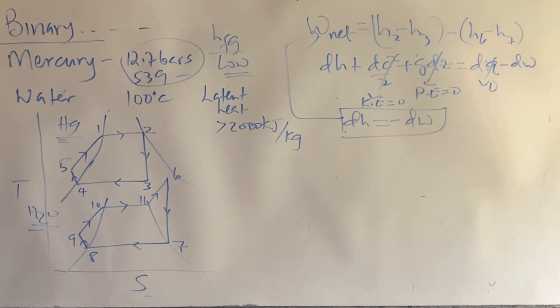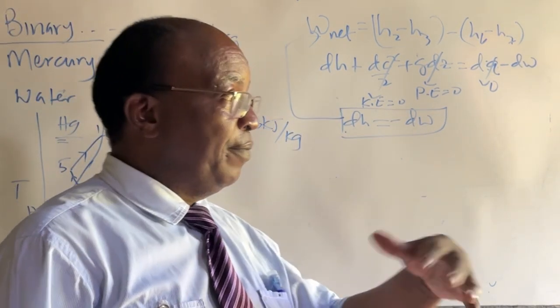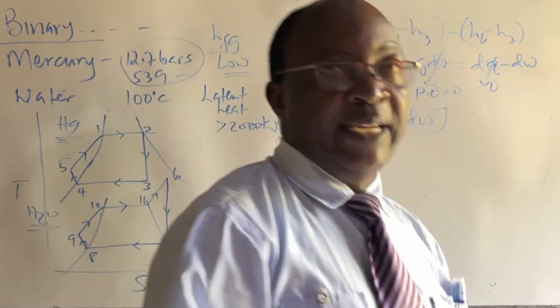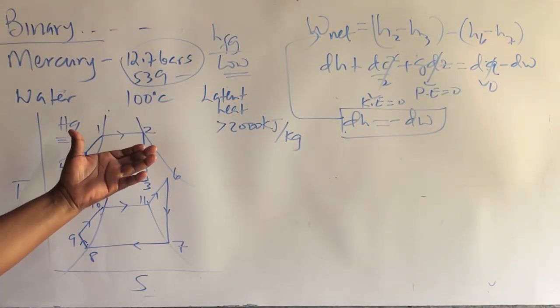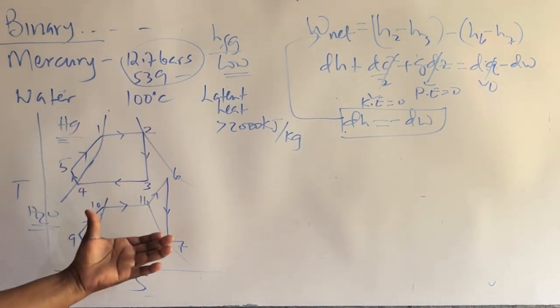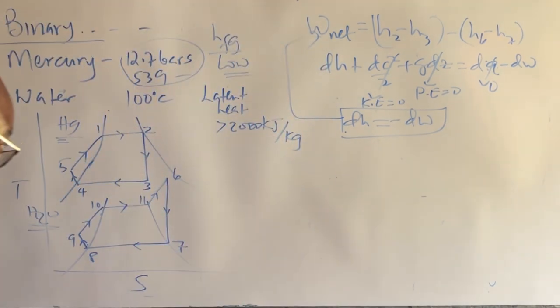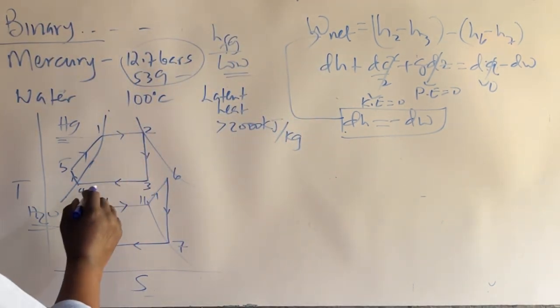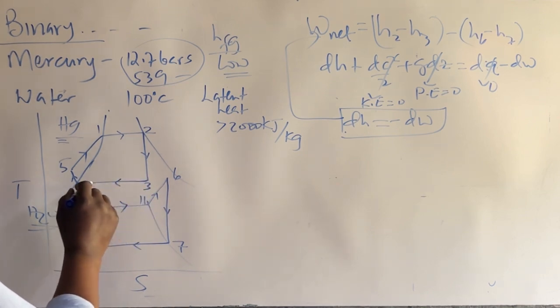Now, when we condense the mercury vapor, heat will be released. Remember, this is operating at a higher temperature. The mercury system is at a higher temperature than the water Rankine system. Now, when heat is discarded, the vapor loses heat, there is condensation.